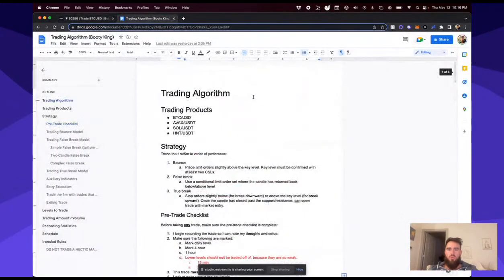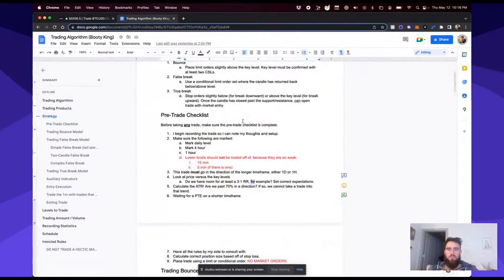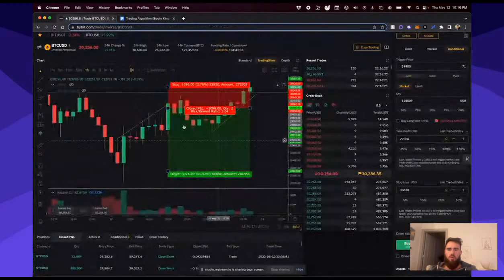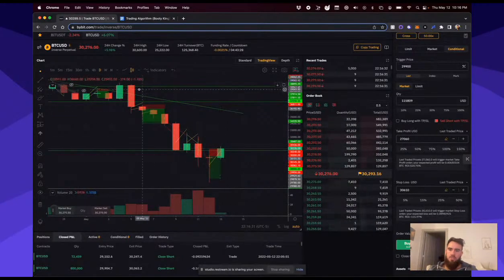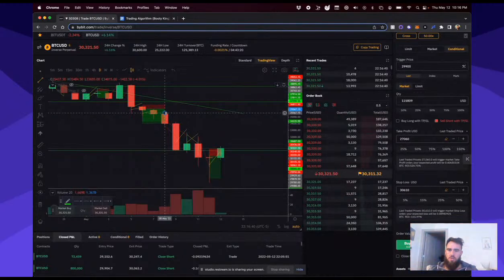Before I complete this trade, I'm going to go through the pre-trade checklist. Mark daily and 4 hour. Actually, this is a good daily level that hasn't been marked. There's so much stuff on right now.